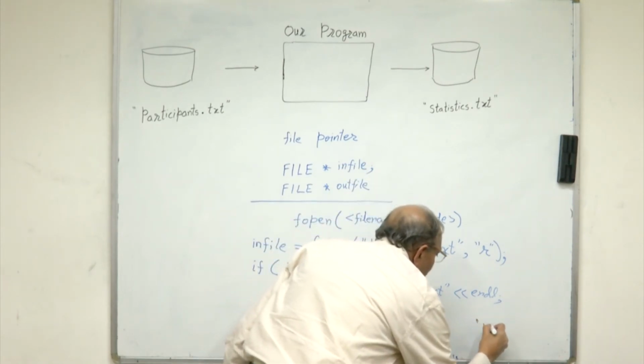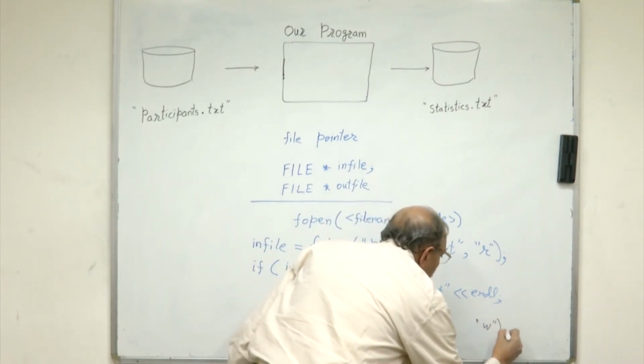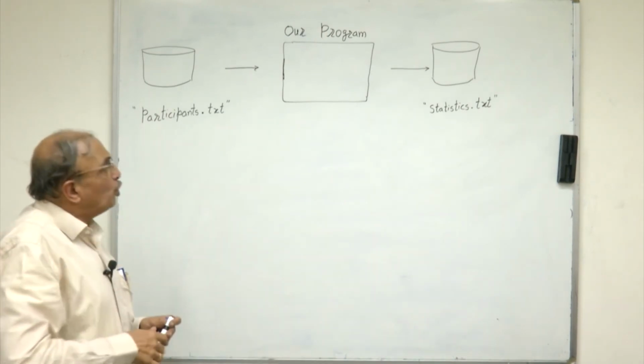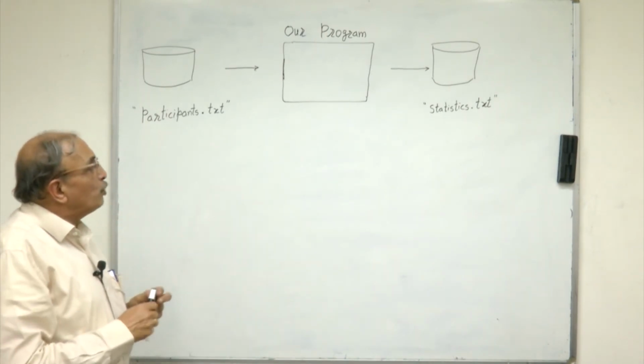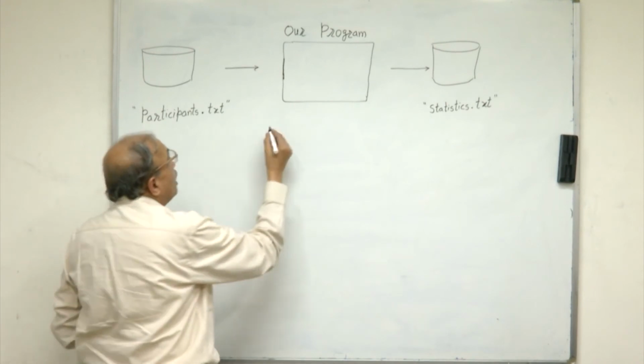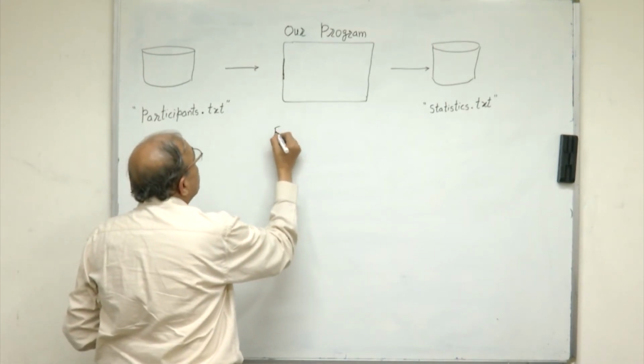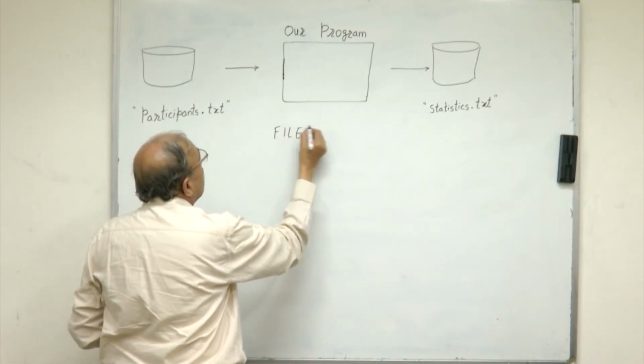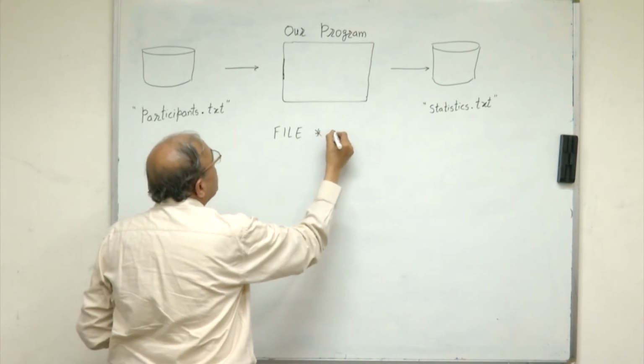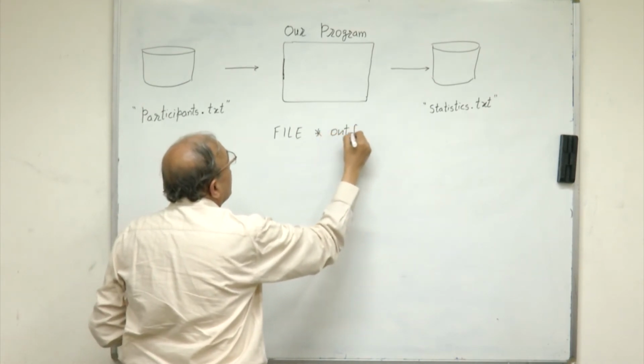So, for example, let me show you how an output file could be opened. You will recall we had declared a file such as file star out file.